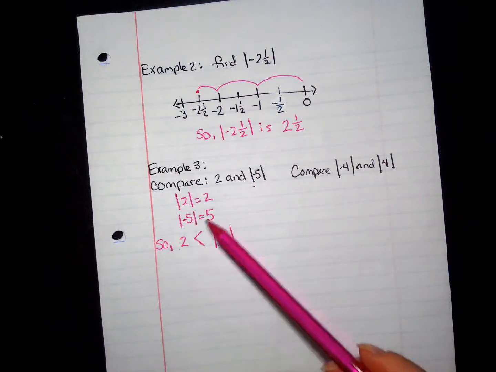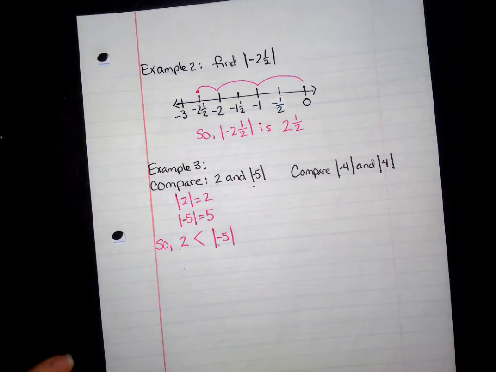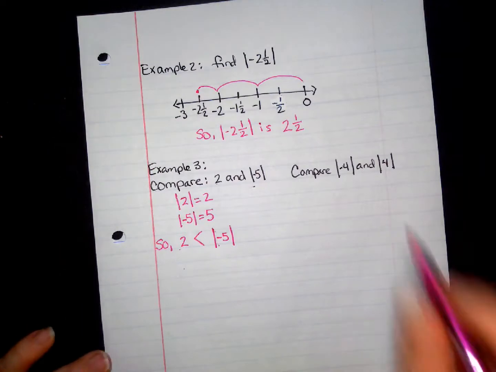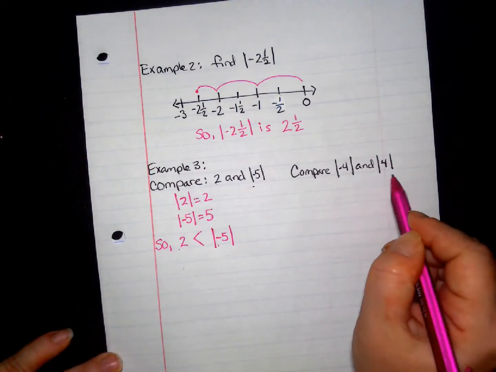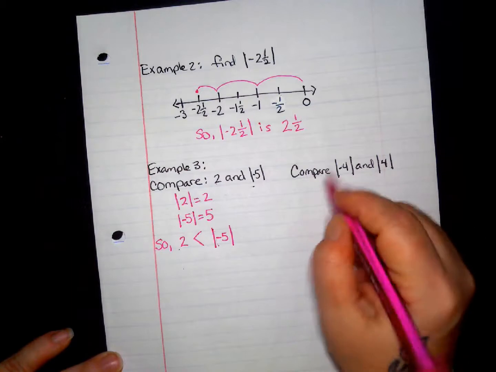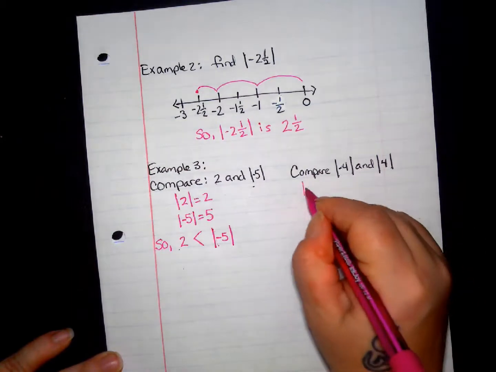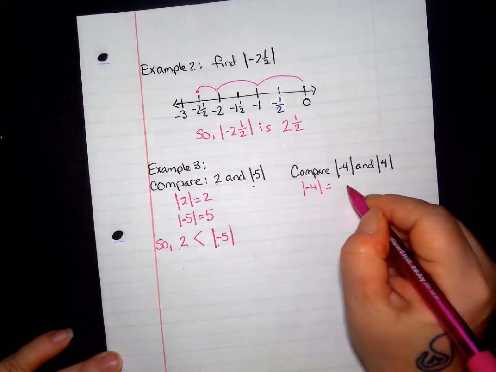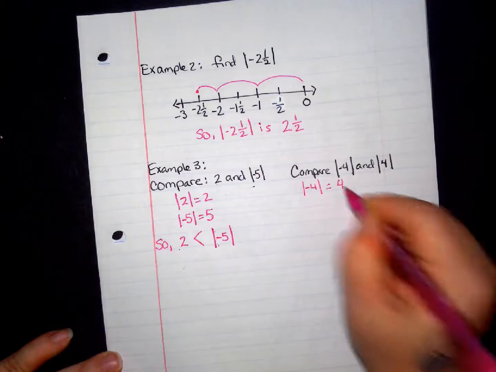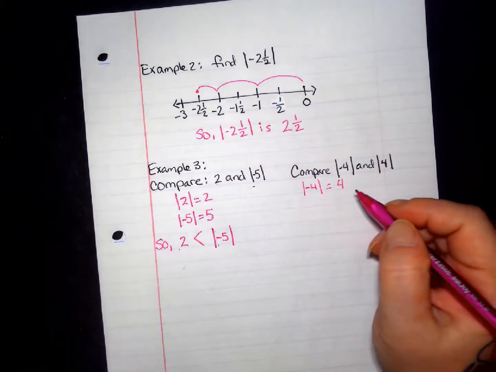Okay, so let's do this one now. Compare the absolute value of -4 and the absolute value of 4. Well, the absolute value of -4 is 4, because if you count from 0, you get -1, -2, -3, -4. That's 4 places.